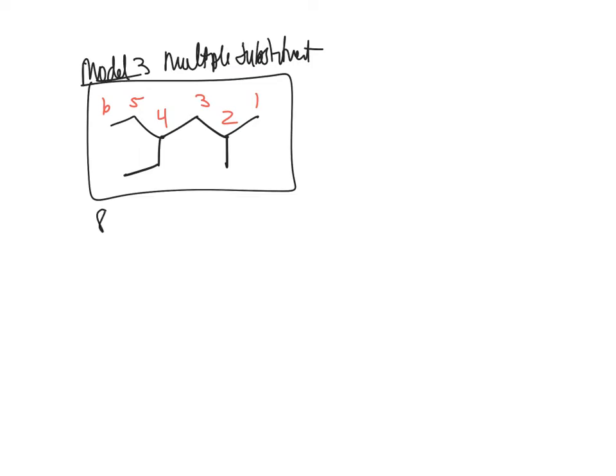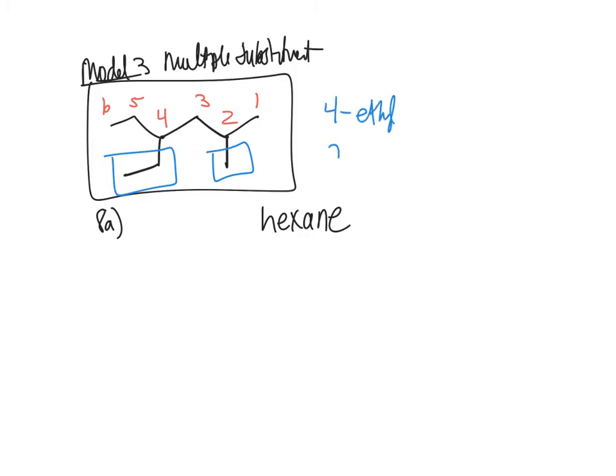All right, 8A. For the compound of Model 3, what is the name of the parent chain? And that's the first thing you do. Hexane. What are the names of the substituents? You have 4-ethyl and 2-methyl. And I usually list them like that.